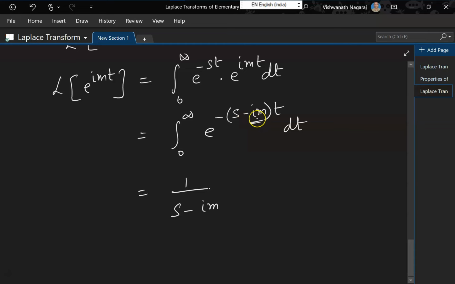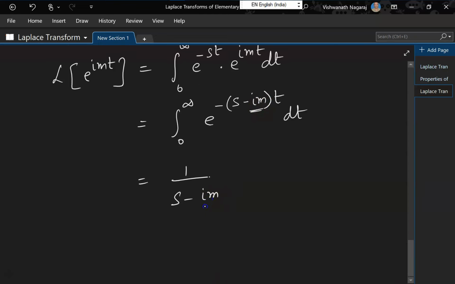If it is s minus k, here also it will be s minus k, and here k is im. We want to get rid of this i from the denominator. So let's rationalize it. s plus im by s plus im.